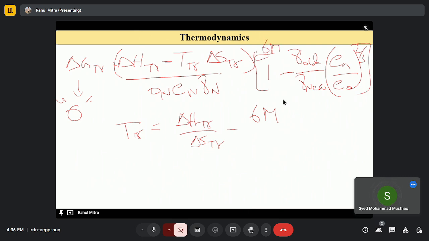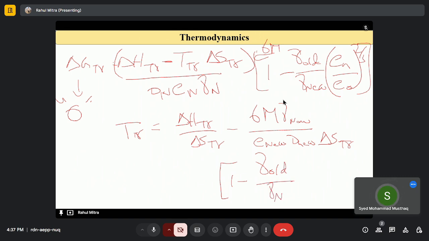And another thing, I have gamma new equals rho new d new diameter new times delta S transition into 1 minus old by new density, the density of old by density of new comes to 1.